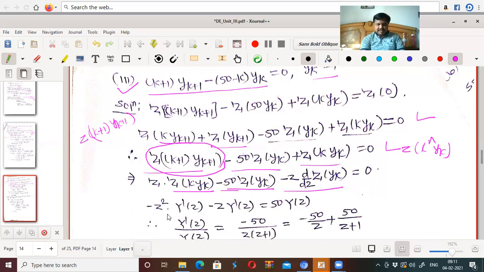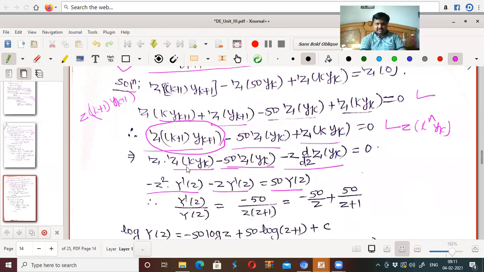and again that yk plus 1 becomes this one. So you will get minus z square capital Y dash z minus z Y of z equal to 50 Z transform of yk. Okay, same we have used here. Taking z outside, by using yk plus 1, you are using here z into Z of kyk.